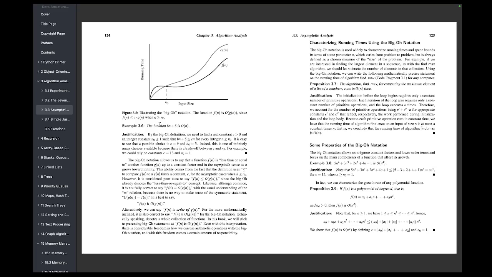Oh my brain, bro. Okay. The function 8n plus 5 is O of n.